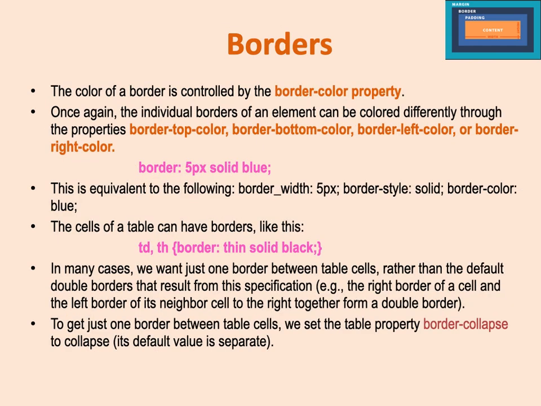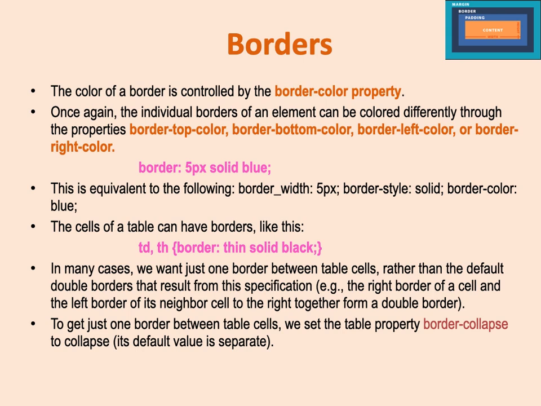Now we will see the color of a border is controlled by the border-color property. The individual borders of an element can be colored differently through the properties border-top-color, border-bottom-color, border-left-color, or border-right-color. These are some of the properties for setting the color. Either you can specify a separate color for top or bottom or left or right sides.